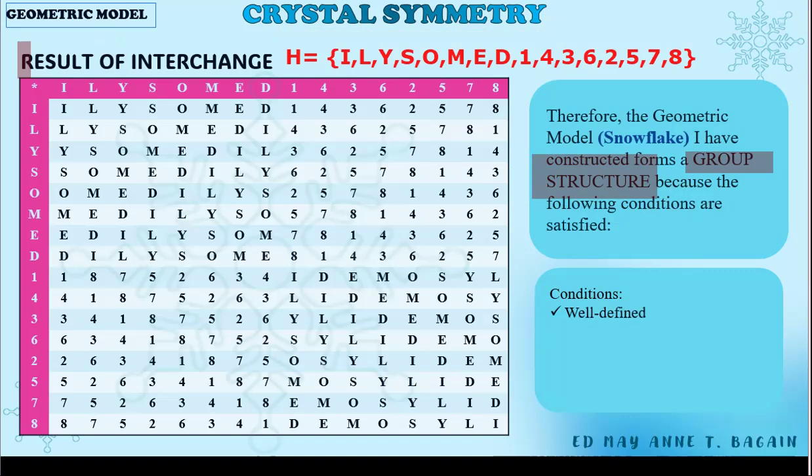What are all the conditions? It is well defined. It is closed. It is associative. It has an identity element and it has an inverse element for all. Therefore, the crystal symmetry or the group H, which is ILYSOMED 1436257, or my 16 symmetry geometric model, forms a group structure.